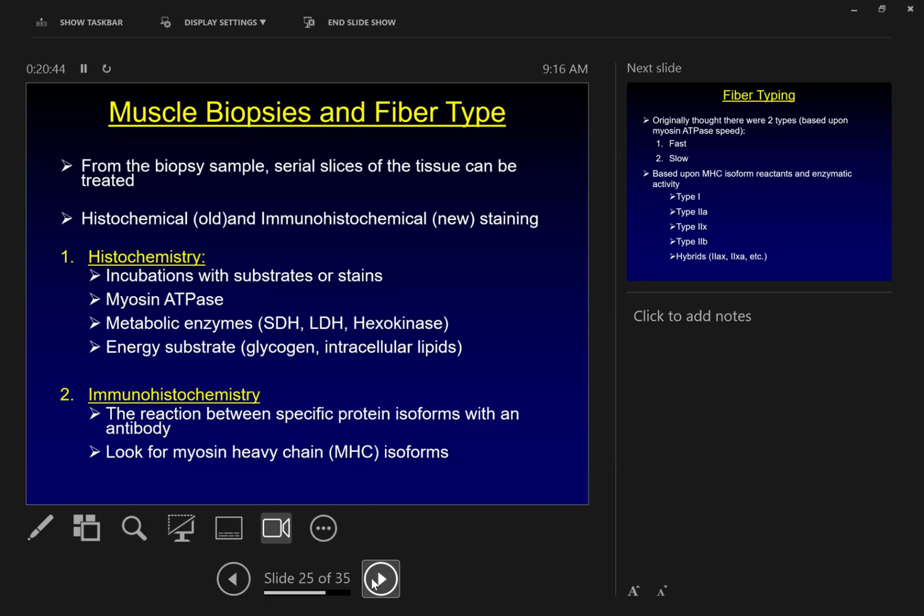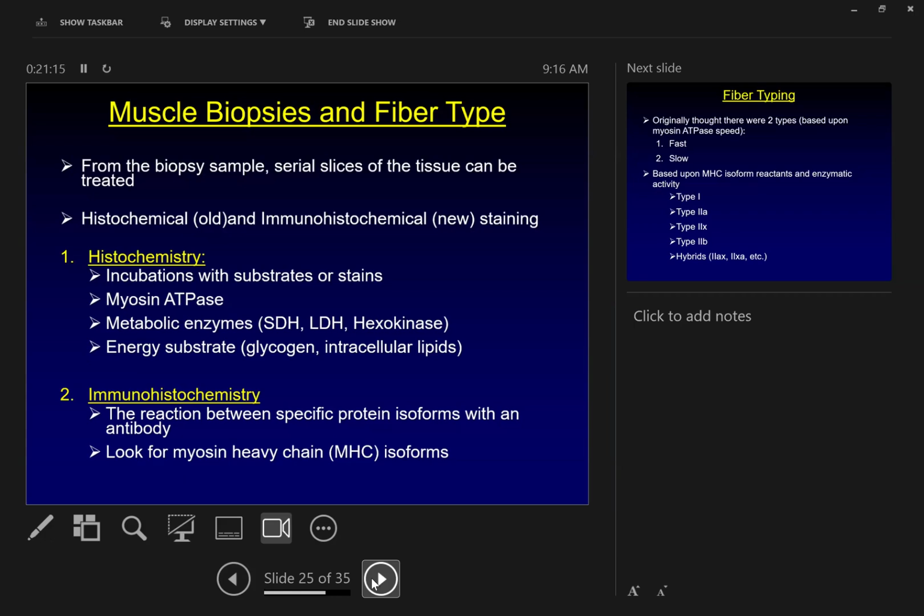Immunohistochemistry taught us that there's not just fast and slow. There is slow, and then there are multiple flavors of fast. So instead of slow twitch and fast twitch, immunohistochemistry gives us type 1, type 2A, type 2B, type 2X, type 2C, and embryonic myosin. It lets us be a little more specific about things.